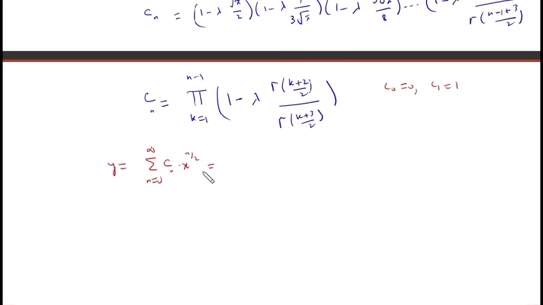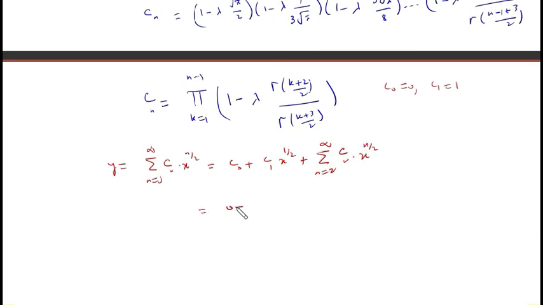So when n is 0 it becomes C0, and when n is 1 it has C1 into x to the power 1 by 2, and then the series from n starting from 2 to infinity Cn x to the power n by 2.